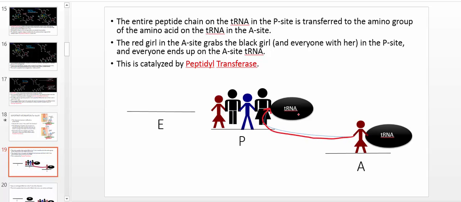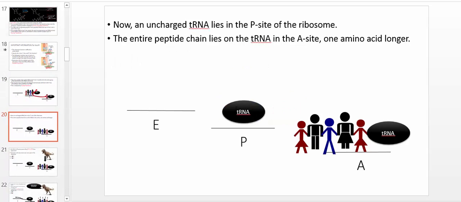So what she's going to do, in this case with her left hand, is really tightly grab this black girl's right hand. And when she grabs that hand, it effectively causes this tRNA to dissociate, right? I hope that makes sense. So you go from this situation, and if this red girl grabs the black girl's hand, then you end up with this situation.